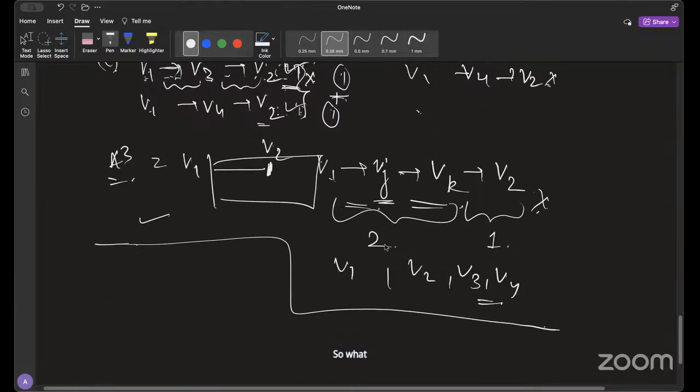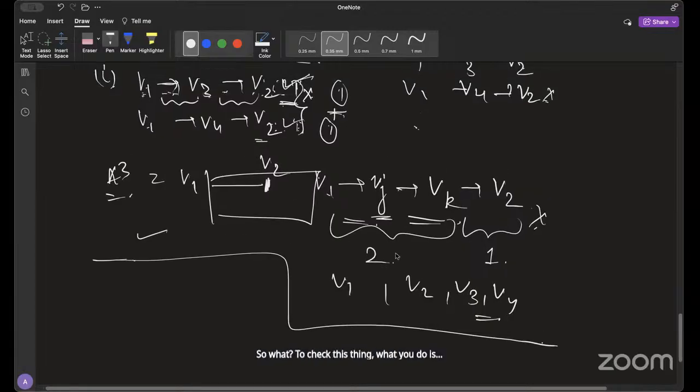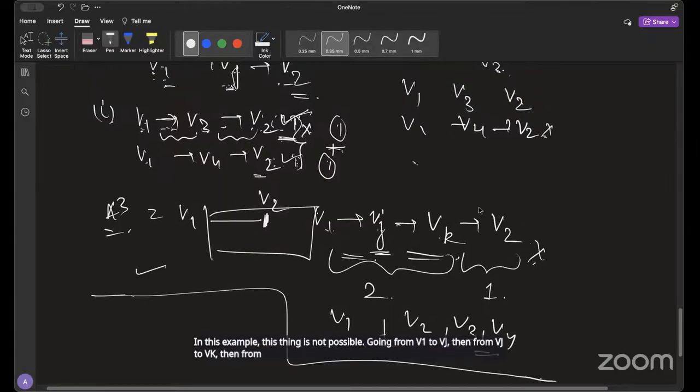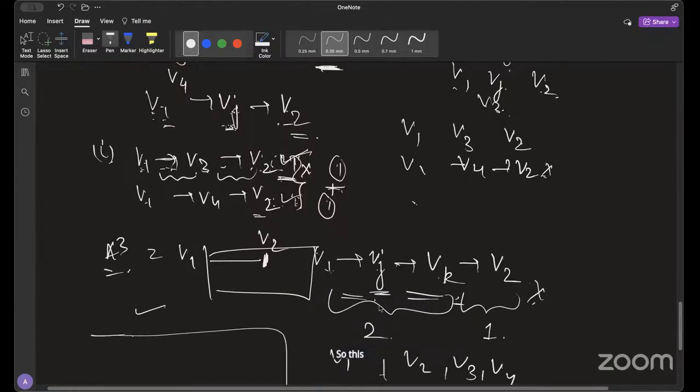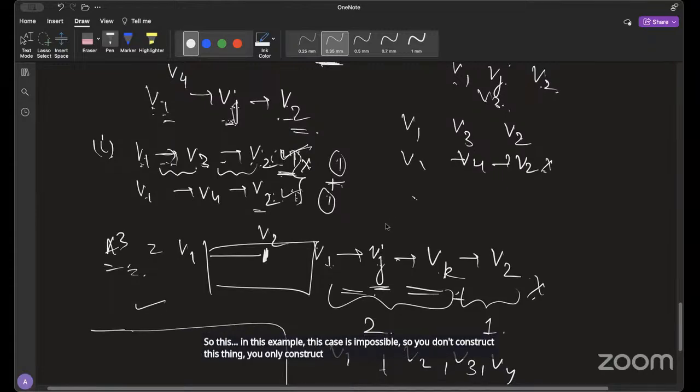In this example, going from v1 to vj, then vj to vk, then vk to v2 is not possible because you only have 3 vertices. So you don't construct this thing, you only construct A square.